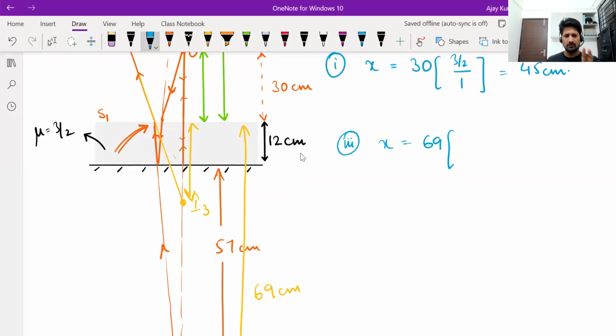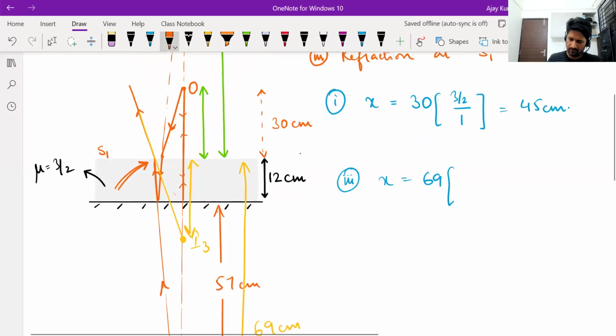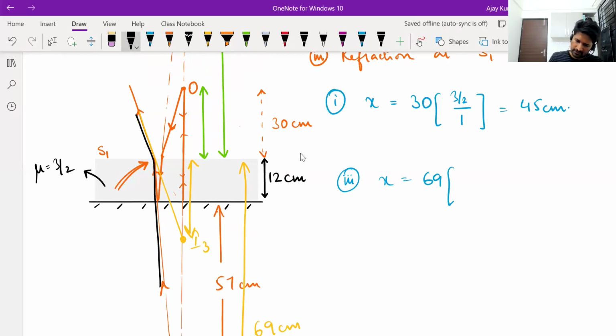One of you tell me, for the last refraction that is happening, where light is coming this way and leaving this way, how much is mu1 and how much is mu2?